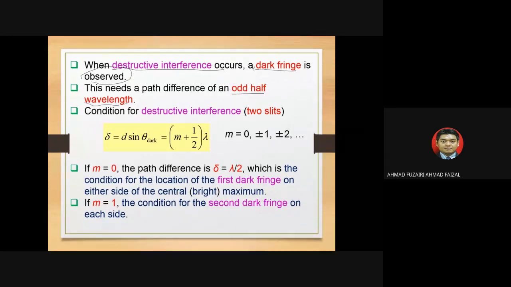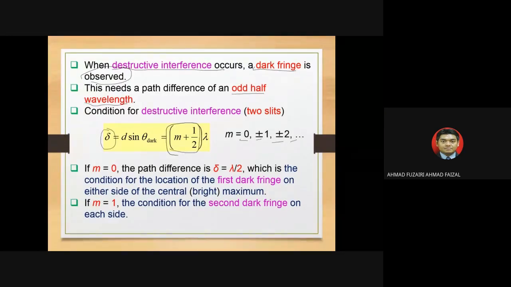Therefore, the condition for a dark fringe, or destructive interference, is given by delta equal to d sine theta equal to (m plus half) lambda, where m can be 0, plus or minus 1, plus or minus 2 and so forth.